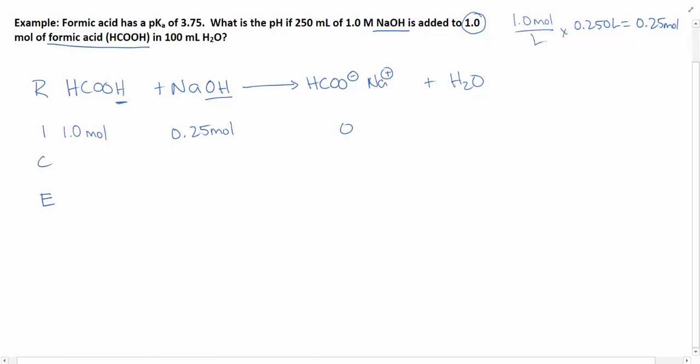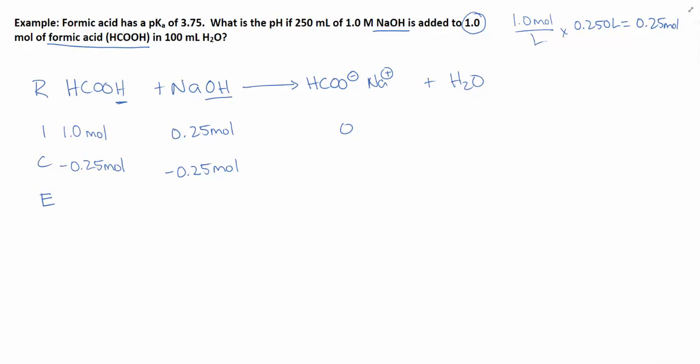Now for the change, sodium hydroxide is a strong base, so it will react as much as it can. So I'm going to write minus 0.25 moles because this base is going to react completely and react with 0.25 moles of weak acid. The weak acid is in excess, so all of our strong base will react.